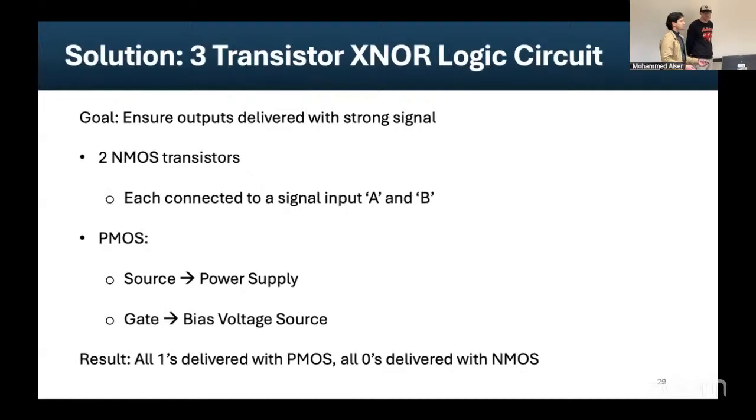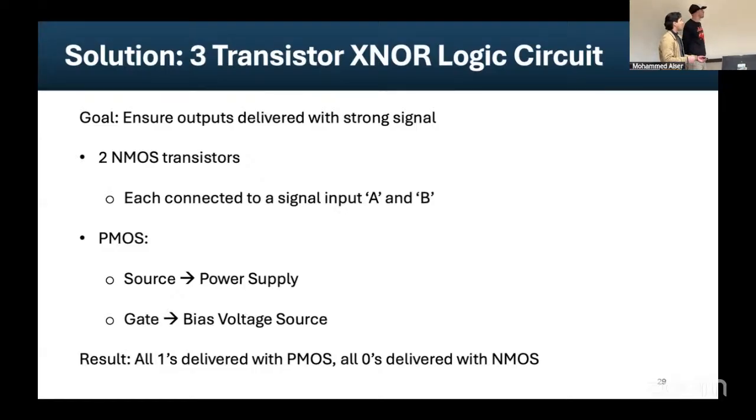So the solution in this paper is using this 3-transistor XNOR logic gate, specifically designed for XNOR. It uses 2 NMOS transistors, each connected to one of the input signals. There's a 3rd transistor that is PMOS, where the source of that transistor is connected to a power supply, and its gate is connected to a bias voltage source.